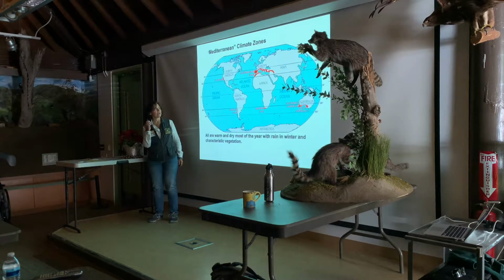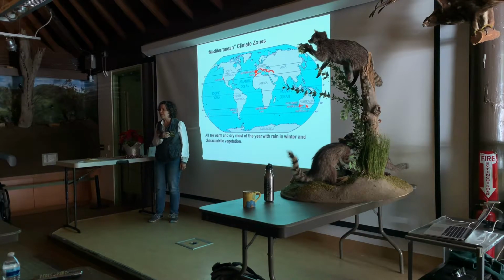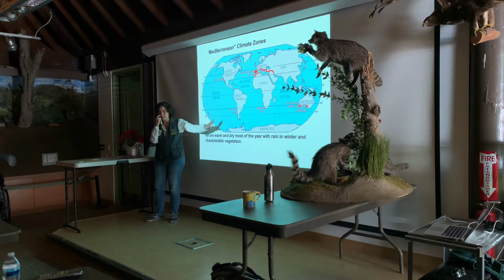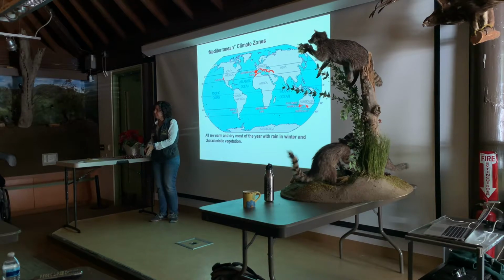All right, moving on from that scary tree. Okay, so we have lots and lots of variety of organisms. You just need to know that they're all related. Of all the things on Earth, what can be here in Placerita Canyon depends on what the climate's like here.